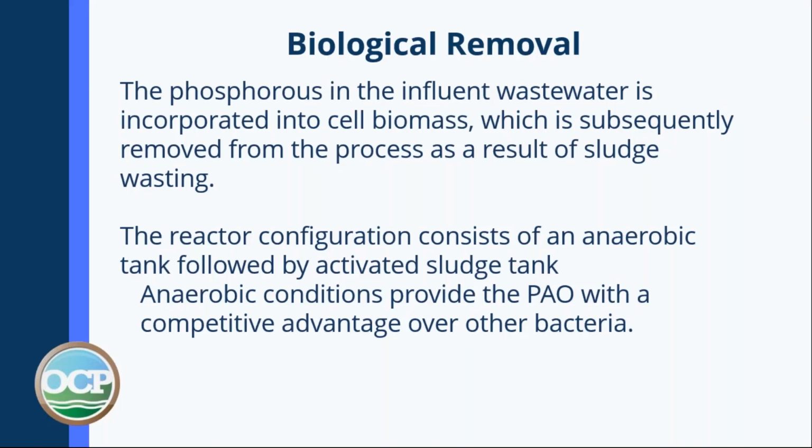The reactor configuration consists of an anaerobic tank followed by an activated sludge tank. Under anaerobic conditions, the PAOs will reproduce, and they have a competitive advantage over the other bacteria that need to have oxygen to reproduce.